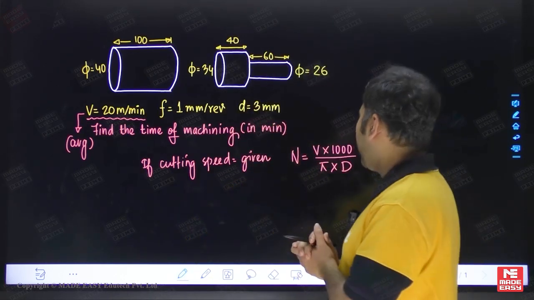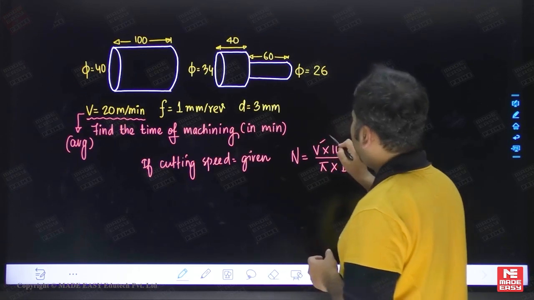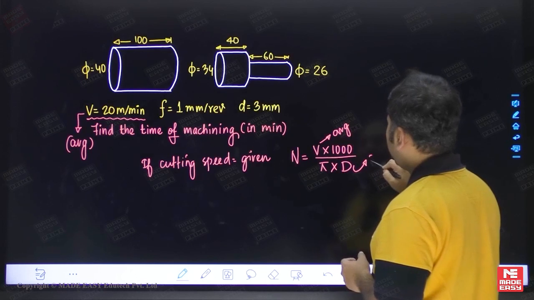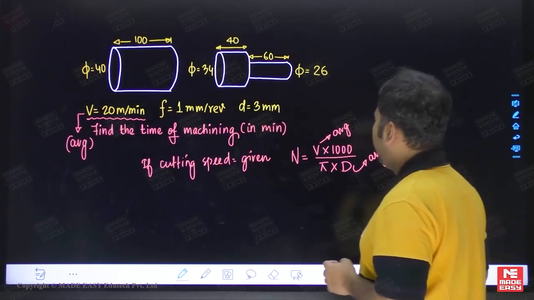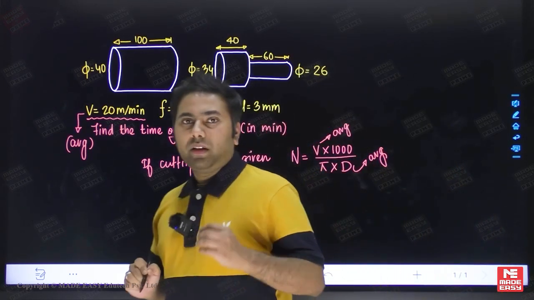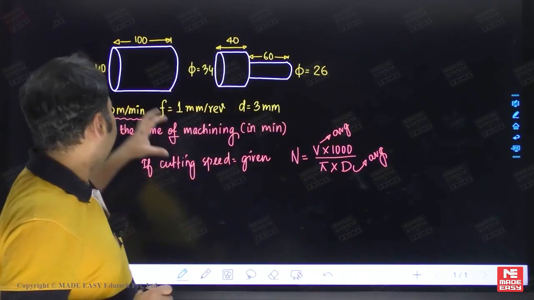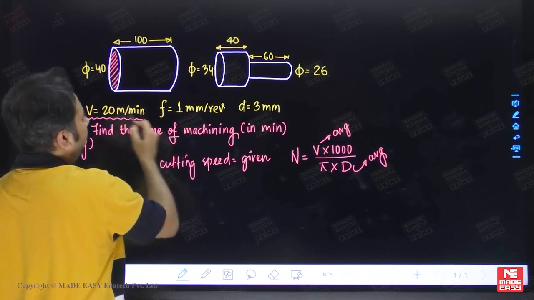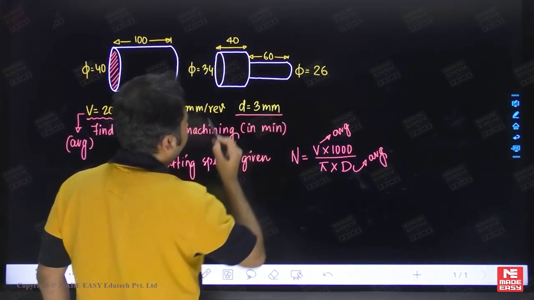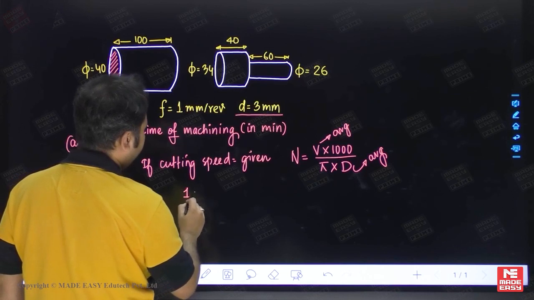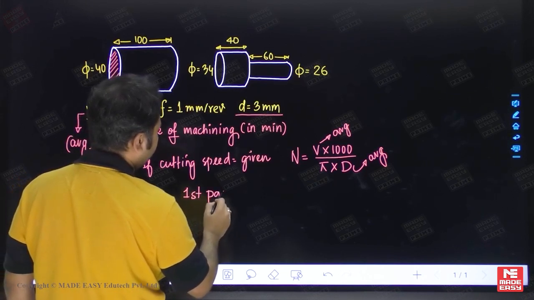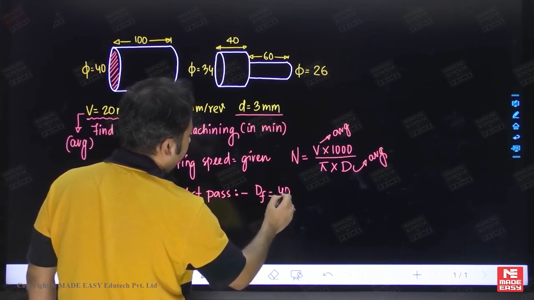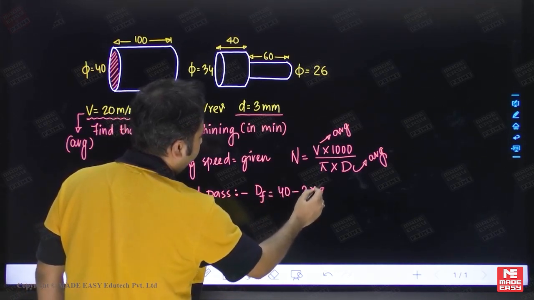Now, when we consider this velocity as average, the diameter also has to be average. What do you mean by average diameter? There is the initial diameter, which is 40 mm, and when depth of cut is introduced, after the first pass the final diameter has to be 40 minus twice the depth of cut.